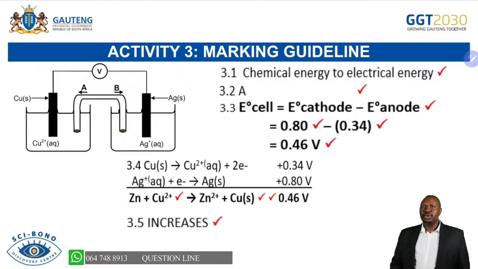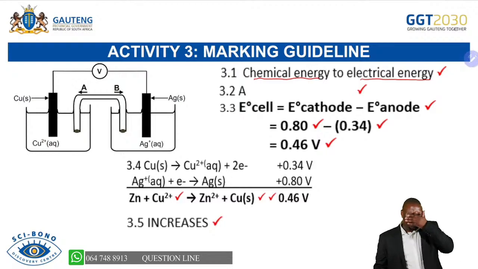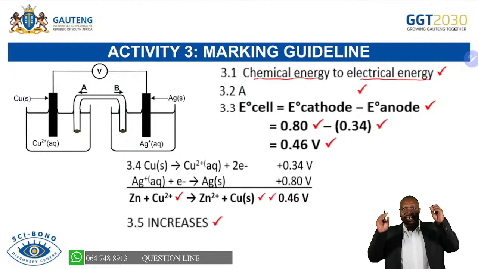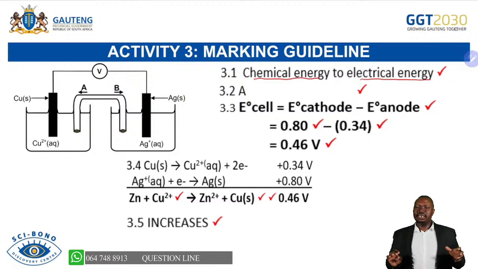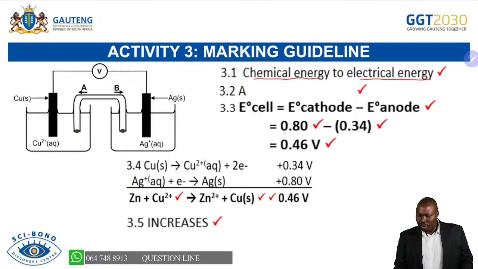Remember, in terms of energy conversion, we said a galvanic cell converts chemical energy to electrical energy. Now, the most important part is the table, because you want to tell whether this reaction is spontaneous or not spontaneous. And we said to do that, you go to the table. When you go to the table, you're going to find that our cathode in this case will be silver, because silver has 0.80.